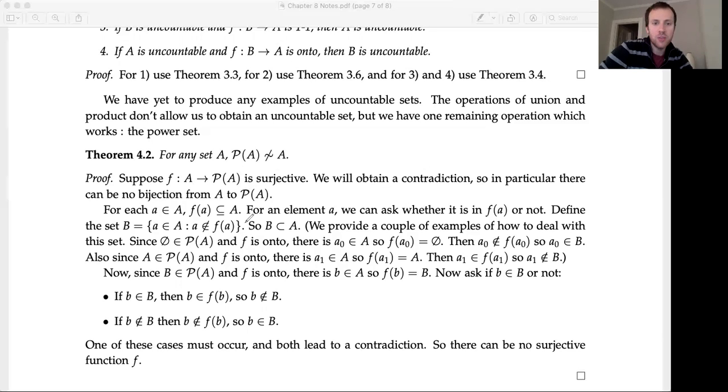The thing that we focus on is this set B. So the idea here is that this function takes an element and sends it to a subset. That's what this is doing. We don't have a formula for it or anything, but that's what this function is doing.